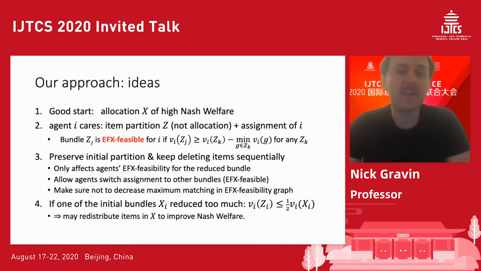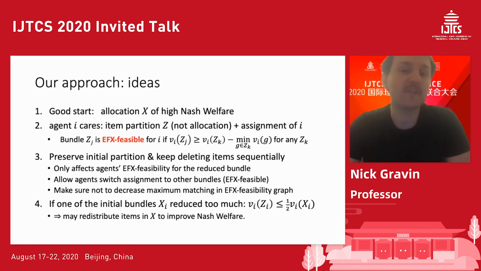Basically the idea is to keep repeating this deletion operation until somebody decreases their value by too much, so they get, let's say, less than half of their original value in the original allocation, at which point we say, aha, stop. And if this happens, we can redistribute items in some way and increase the Nash welfare.